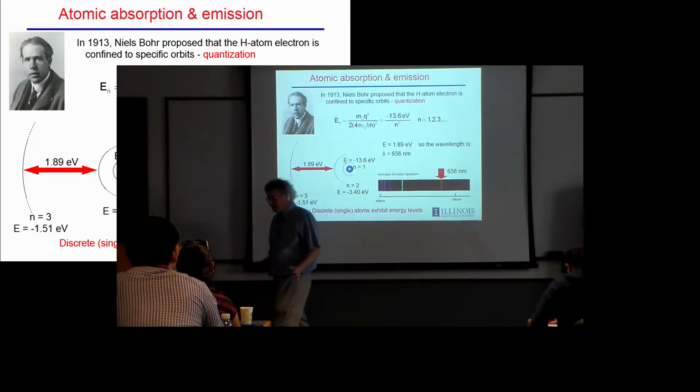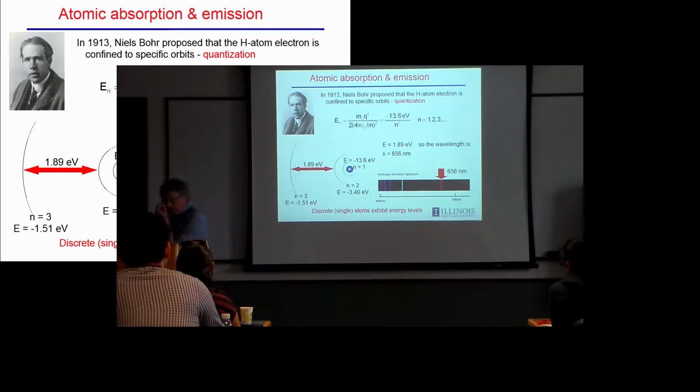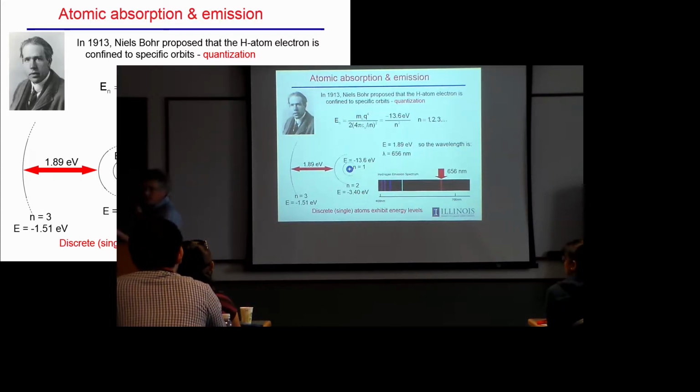line, which means that I know very accurately what the energy is, but I don't know anything about the time. On the other hand, if I know exactly when it's going to happen, then there would be an incredibly wide energy spectrum. So the answer is, that's why we call it the uncertainty principle.